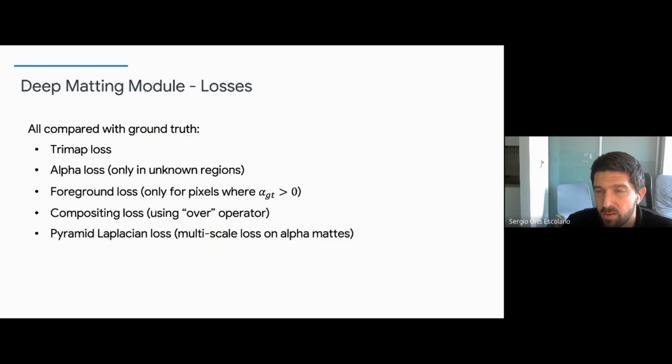Then we have an L1 loss on the foreground image, alpha matte, and reconstructed color image, what is usually known as the compositional loss. Additionally, we have a pyramid Laplacian loss on the alpha matte. This multi-scale loss on the predicted alpha matte takes the difference between two Laplacian pyramid representations, accounting for local and global differences.